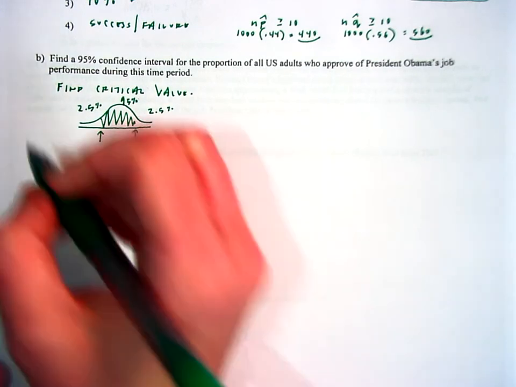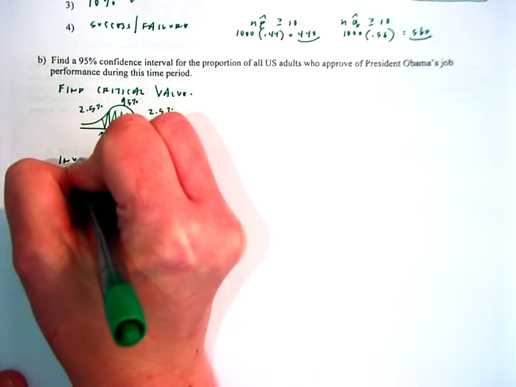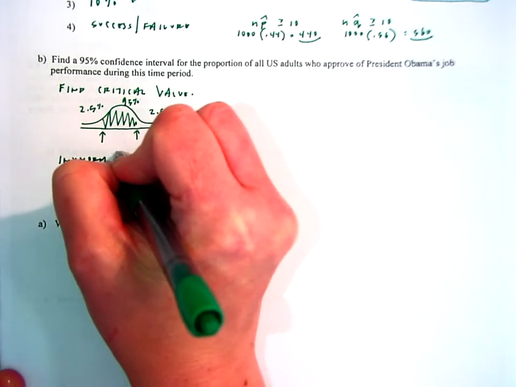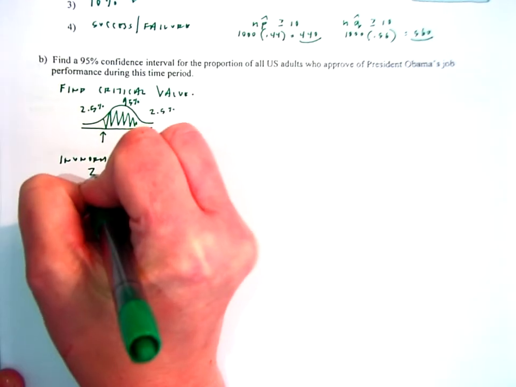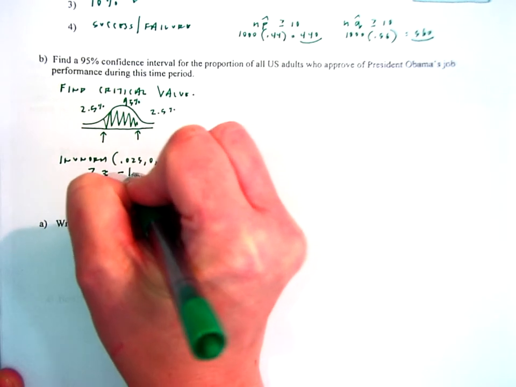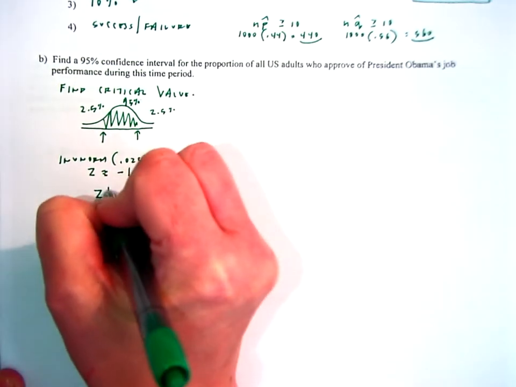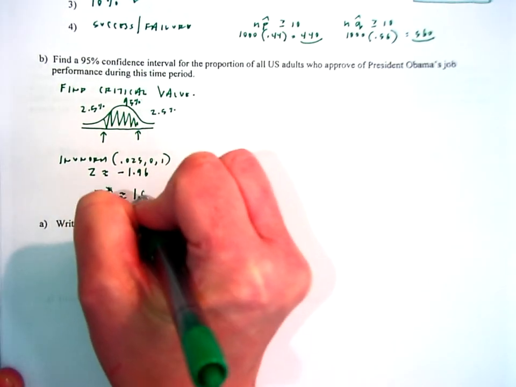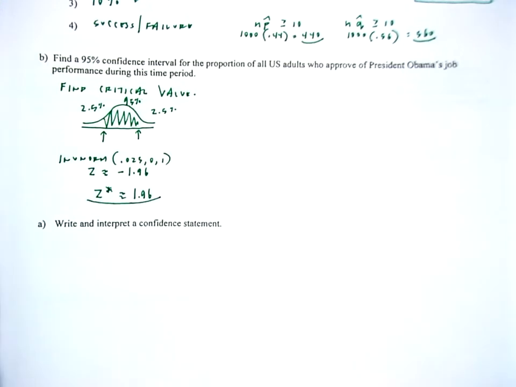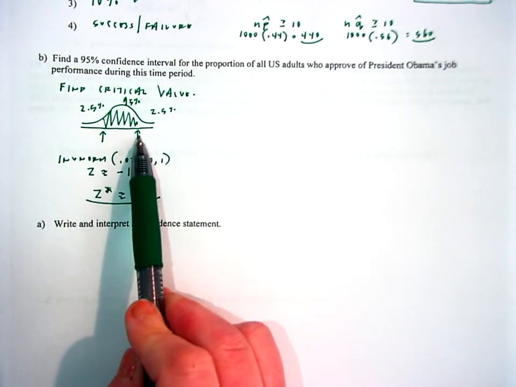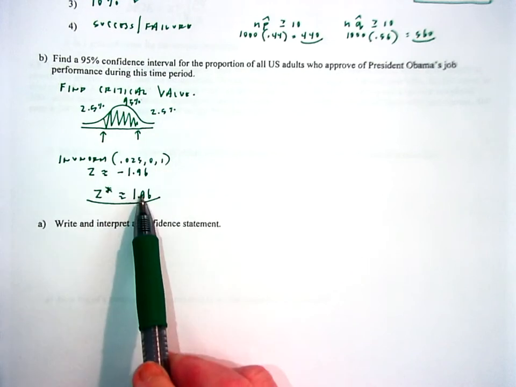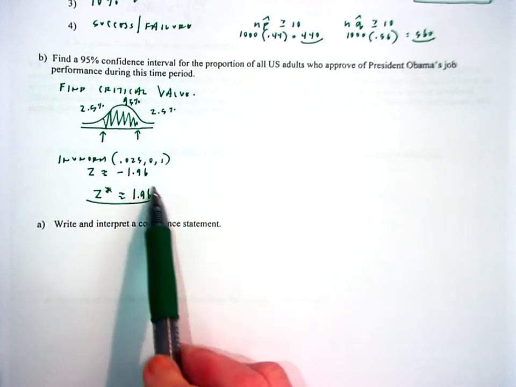So here I'm going to do inverse norm, 0.025, 0, 1. It's going to pump out a z-score of negative 1.96. So my critical value will be 1.96. Okay, so here again, this would be the negative 1.96. This would be the positive 1.96. I'm taking it just as the positive right here.